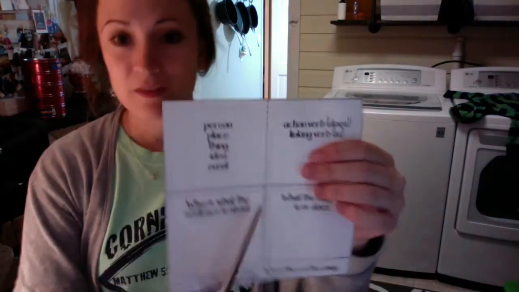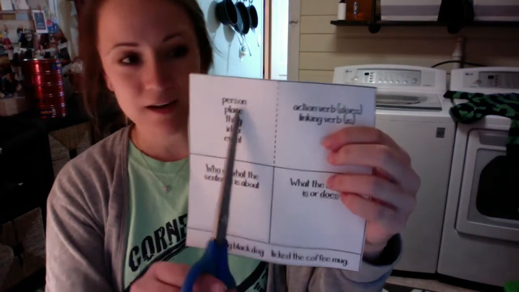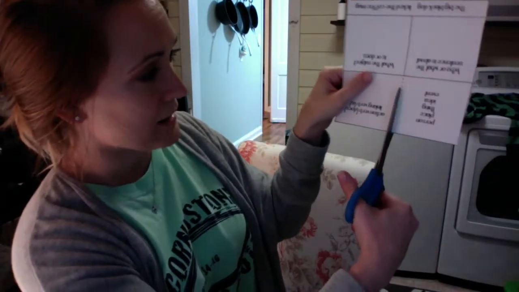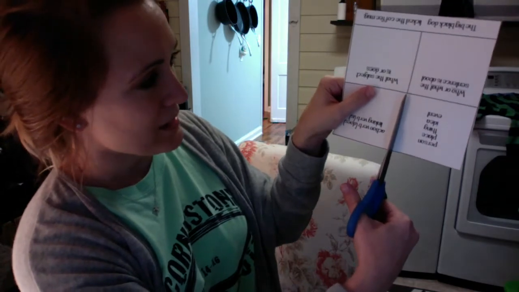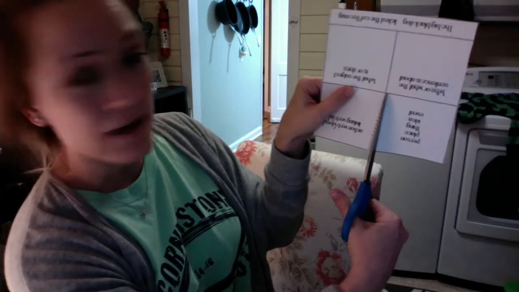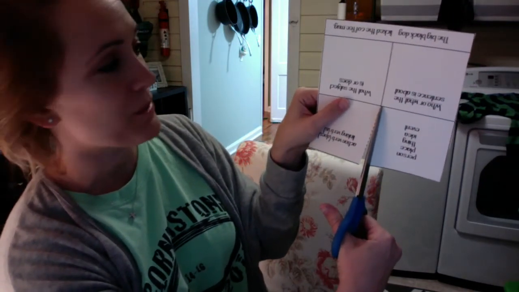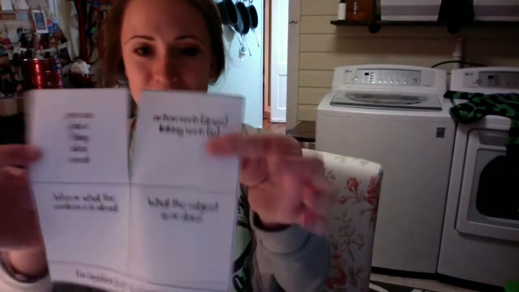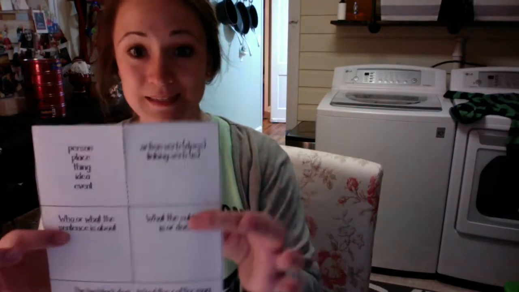After you have that cut, there is a dotted line in the middle. I want you to take your scissors and snip on the dotted line, stopping at the big black line that runs horizontally across your page. So I've cut it out and I've got the two tabs up at the top. This one is done. Set this piece aside.